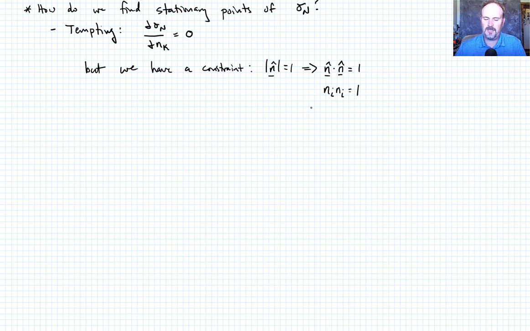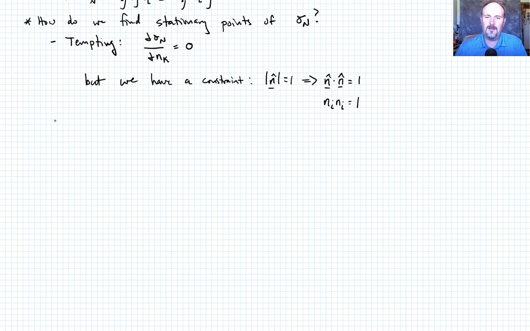Okay? So that's the constraint that we want to put on it. Hopefully, you now rack your brain thinking, how do I optimize with constraints? And hopefully you dip into your toolbox from Calc 3, and remember we can use something called Lagrange multipliers. So we use Lagrange multipliers to enforce the constraint.